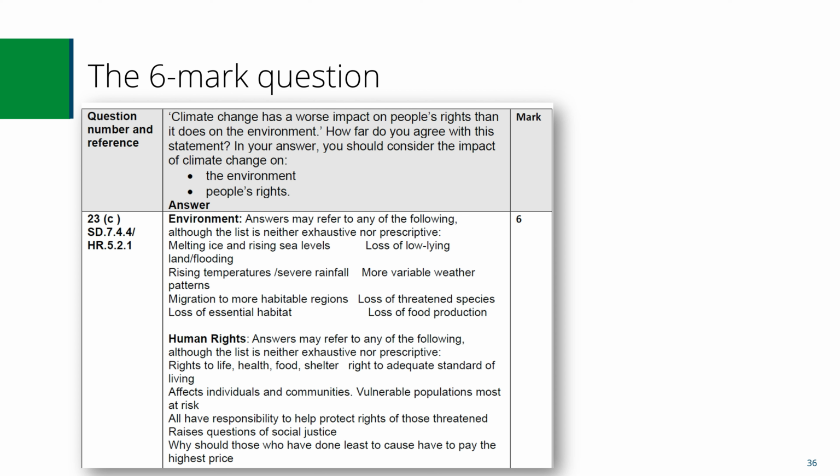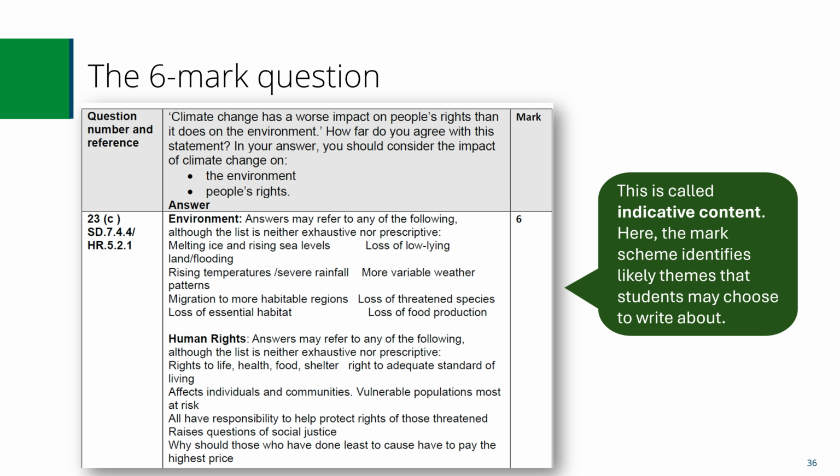Here's the mark scheme that was used. You'll see that it contains what's called indicative content, themes it was felt the students would be likely to write about.